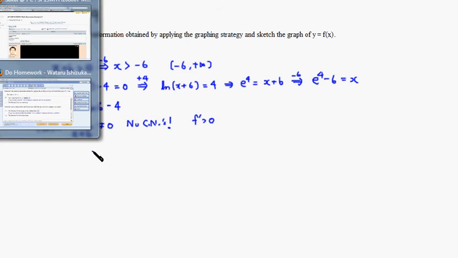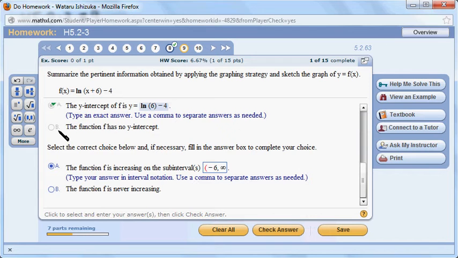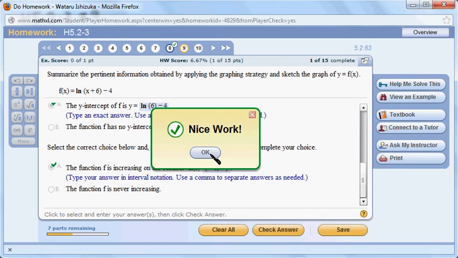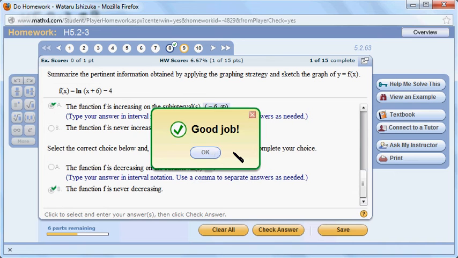So the function is increasing on the subinterval from negative 6 to positive infinity. Check that. Got that. The function is decreasing on a subinterval, but it's never decreasing. Check that.